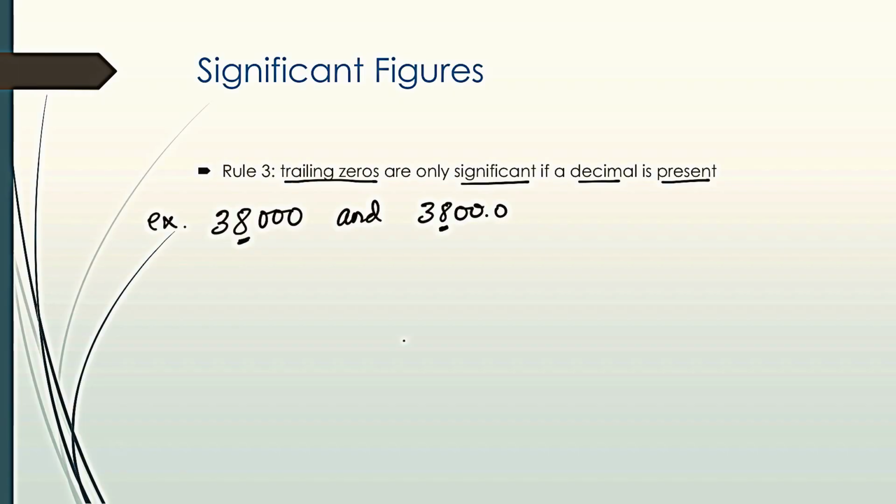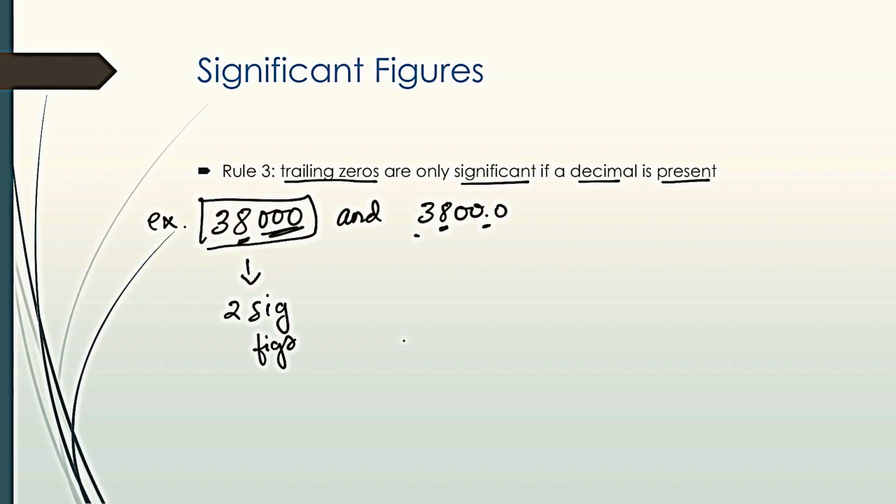Any zeros after that are only significant if a decimal is present, which is only the case with the second number. And so in my first example, these zeros are insignificant and I only have 2 sig figs.